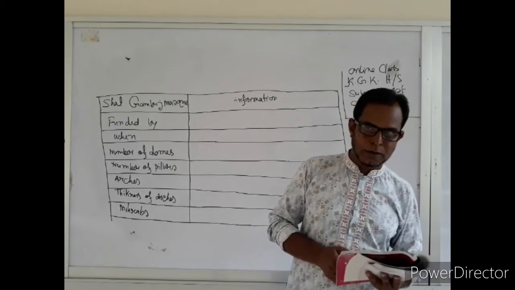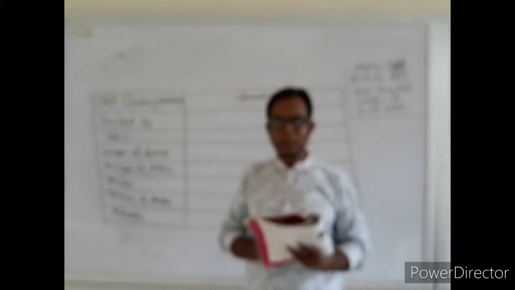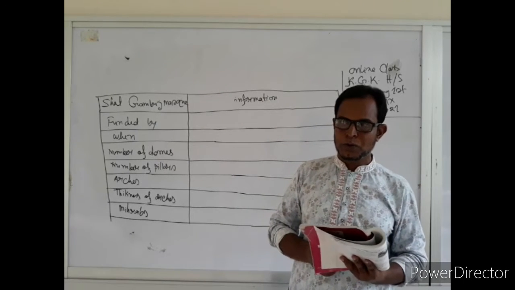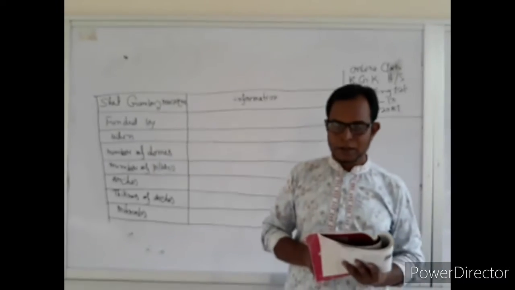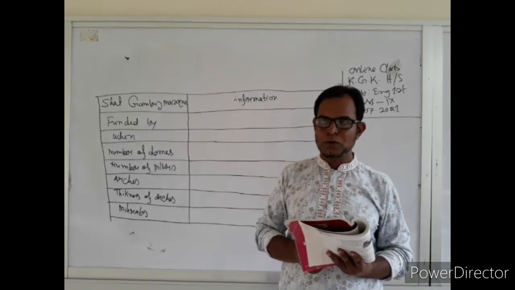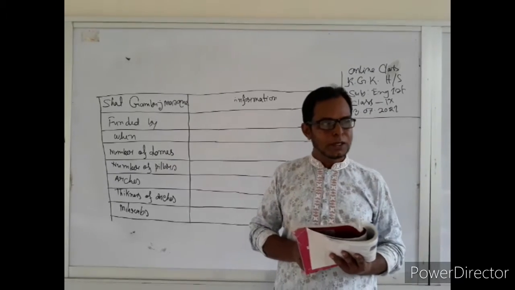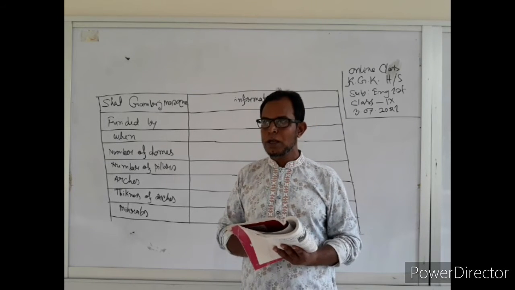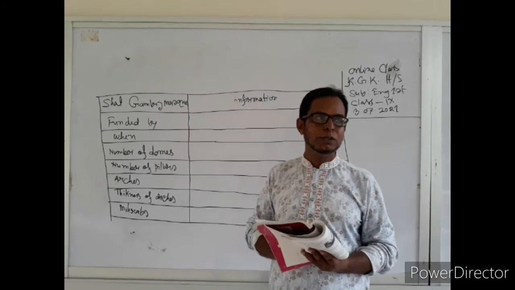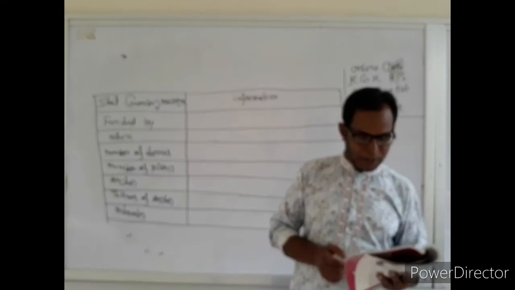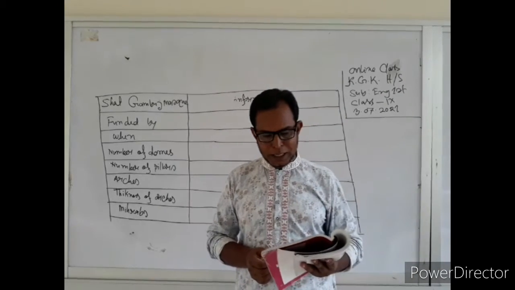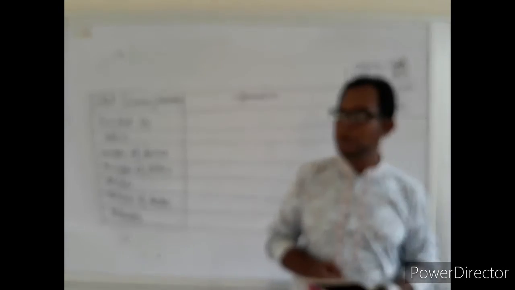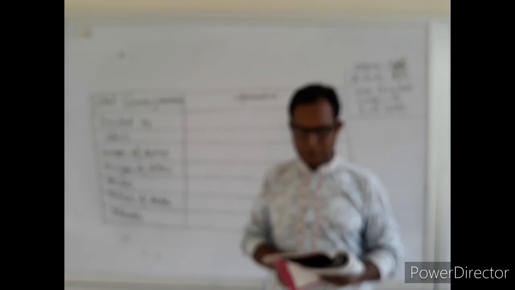Here we know that Khan Jahan used this mosque first as a prayer hall. As a second use, he used it as a court office. Today we use our mosque only for prayer. It is one of the greatest tourist attractions and one of the best architectural beauties of Bangladesh.